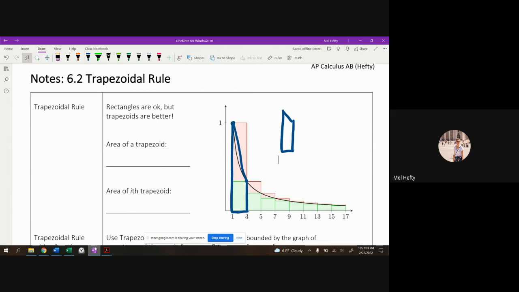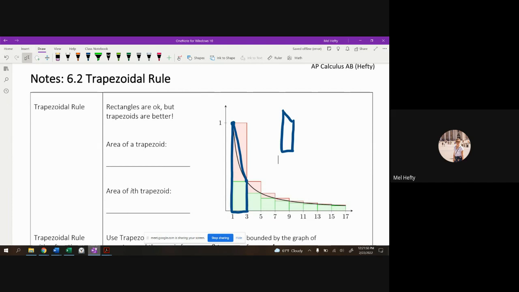Does anyone remember the area of a trapezoid from geometry? Probably not. It's not that much more complicated, but it will be slightly more complicated. You could do a rectangle and a triangle, but that gets hard because we're going to be doing like 6 trapezoids, so we want an area formula in general.